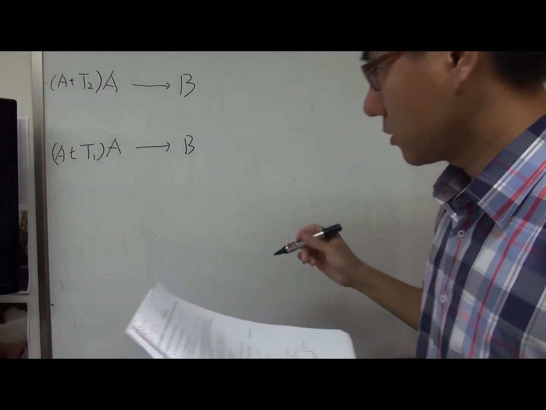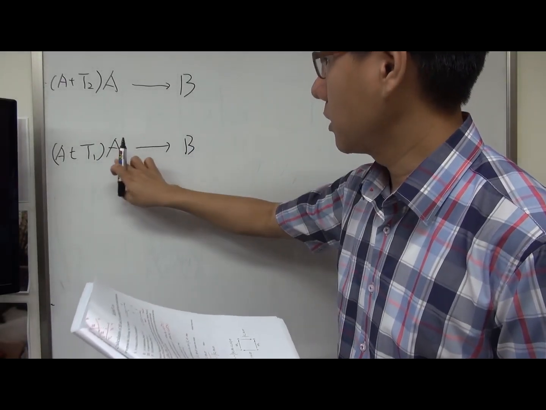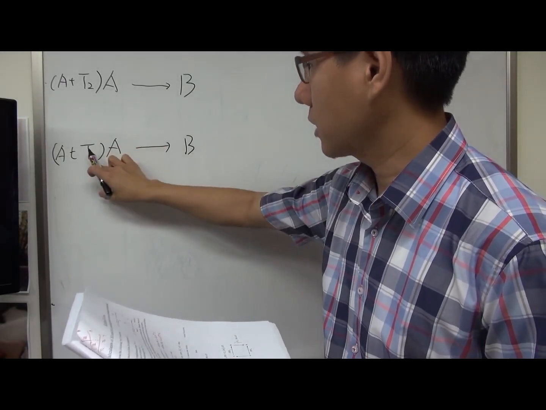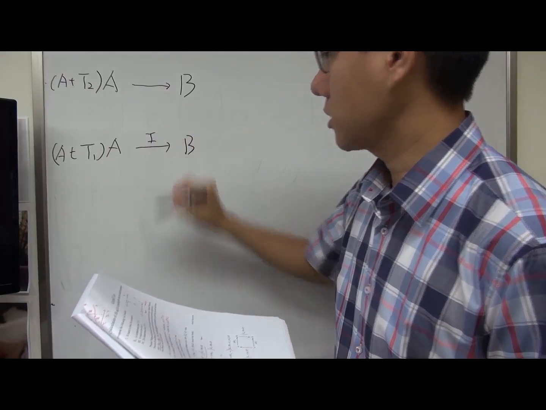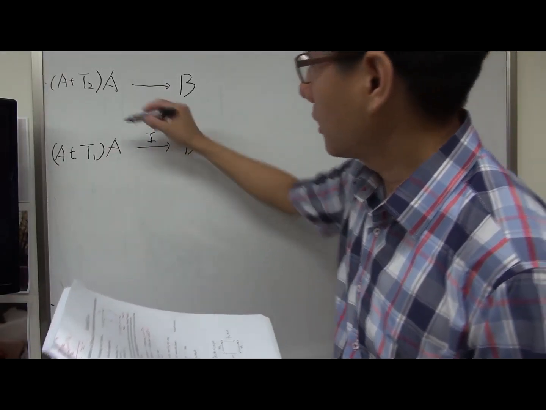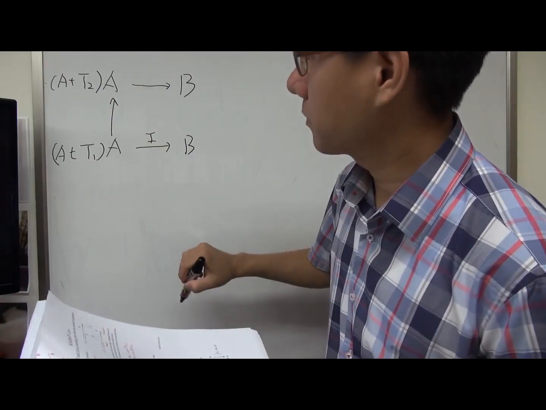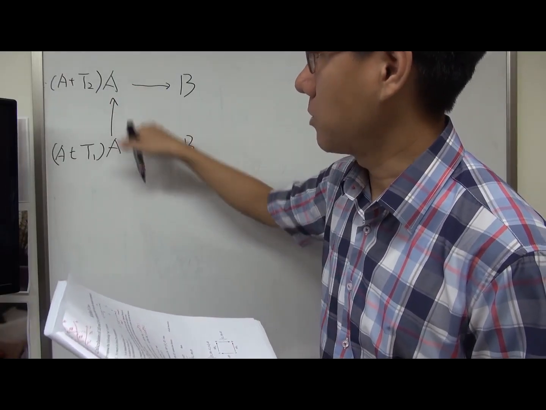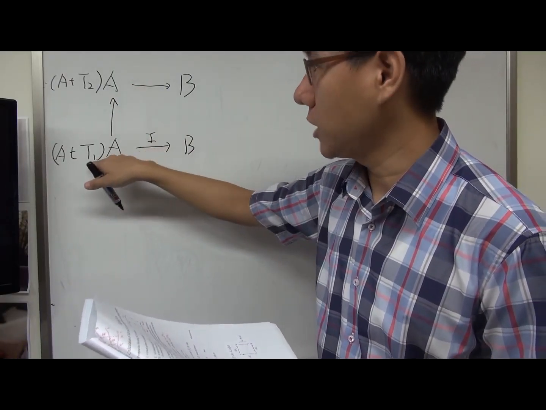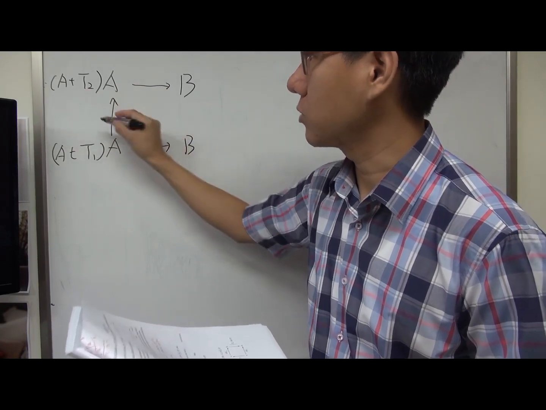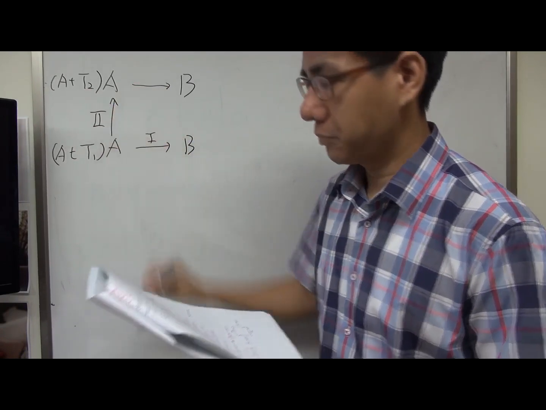Alright. So let's call this reaction A to B at temperature T1 reaction number 1. And this reaction, the same component A changing temperature from T1 to T2, as reaction 2.